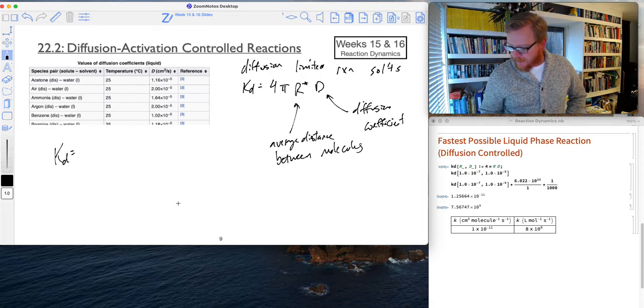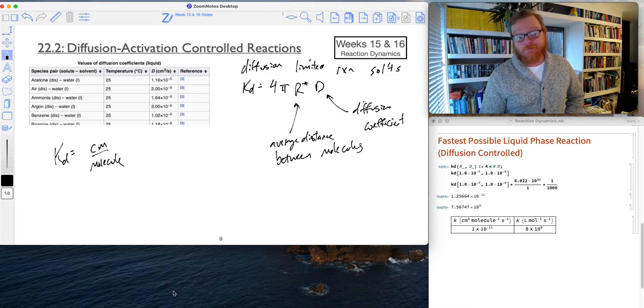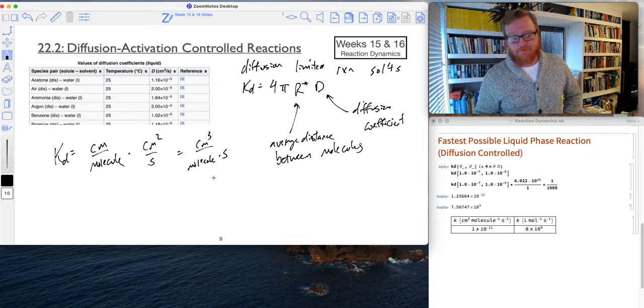So good units for that, we'll keep it in the centimeter unit because this is in centimeters, like centimeters per molecule, okay? And then this diffusion coefficient has units of centimeters squared per second. So this gives us our second order rate constant units, cubic centimeter per molecule per second, okay?